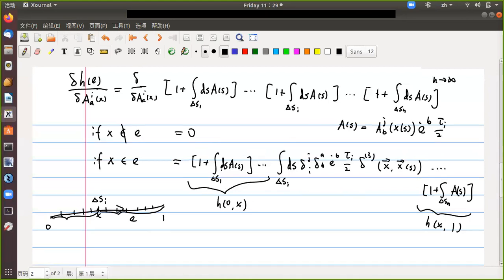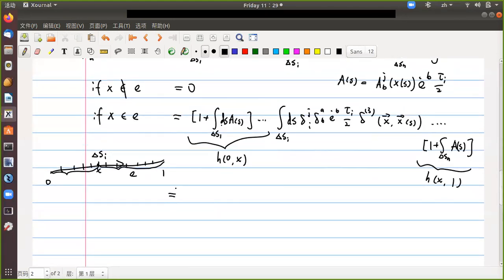All right, so now we can write more explicitly. We can pull out the integral ds, and this integral is over delta s_i. But since you are integrating a delta function, you can freely extend this integral from 0 to 1, because the only part which contributes is delta s_1. So it's fine to extend.